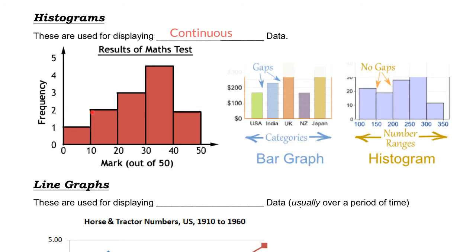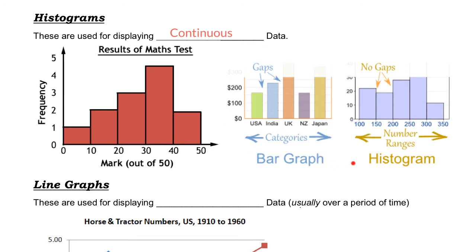There were 2 tests with a mark between 10 and 20. There were 3 tests with a mark between 20 and 30, and there were 5 tests with a mark between 30 and 40, etc. Okay, so it looks like a bar graph, but it's not a bar graph.